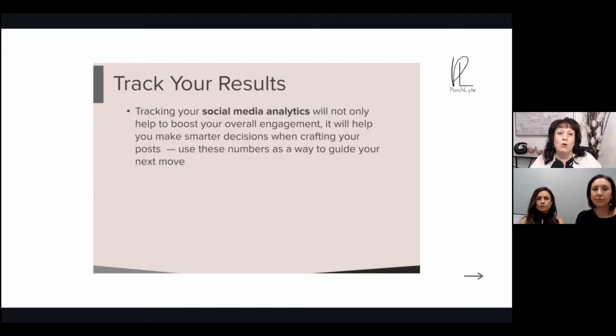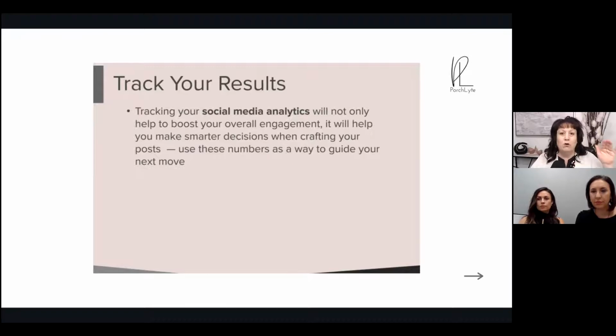And again, when you're on social media, you want to track your results. Pretty much all the platforms have analytics or insights that you can check, which is going to give you a really good indication of what's working and what's not working. Give yourself about 3 to 6 months.